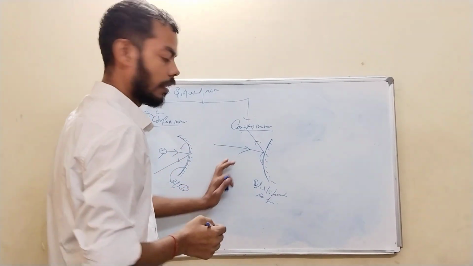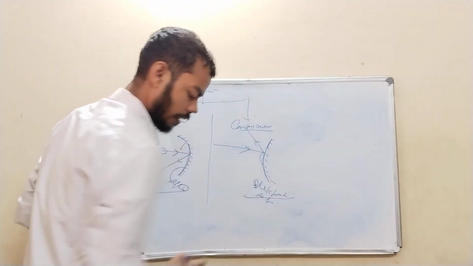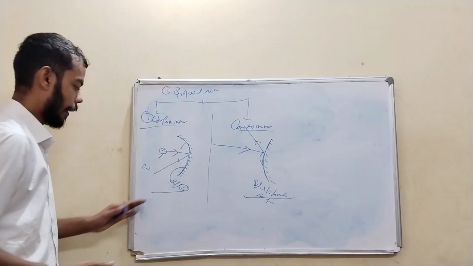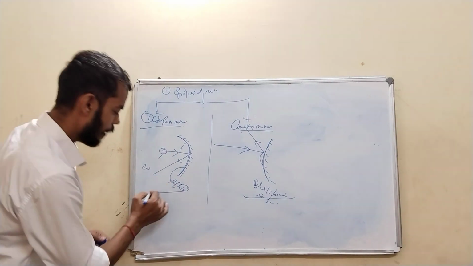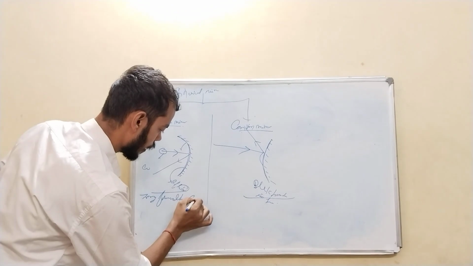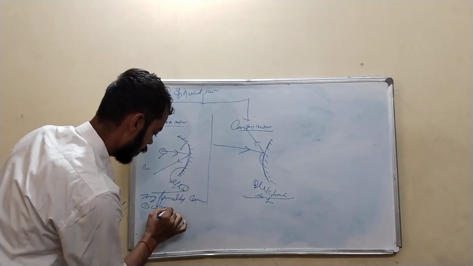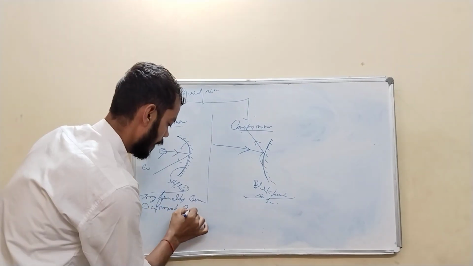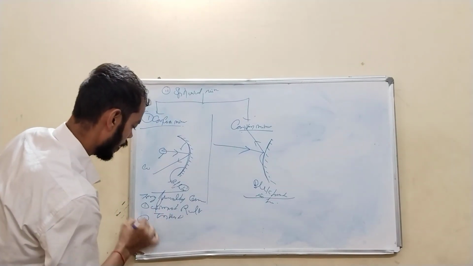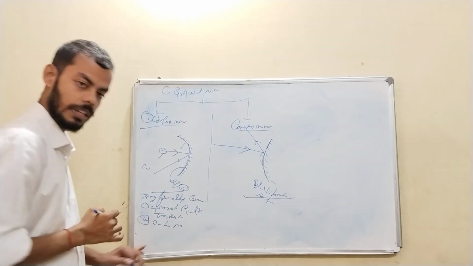Let's talk about the type or characteristics of the image formed by the concave mirror and the convex mirror. The image formed by the concave mirror is, in most cases except one case, real and inverted. There can be different magnifications.